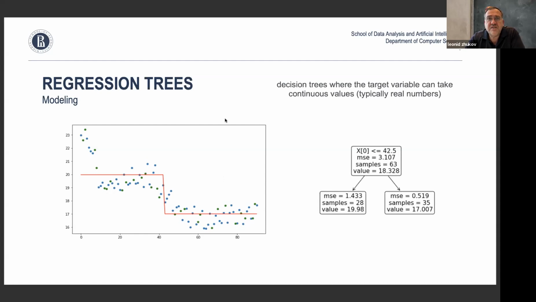So what does it mean, modeling it with a tree? Modeling with a tree means the following. Let's say I want a decision tree of a certain depth, and I want to do the simplest possible model.